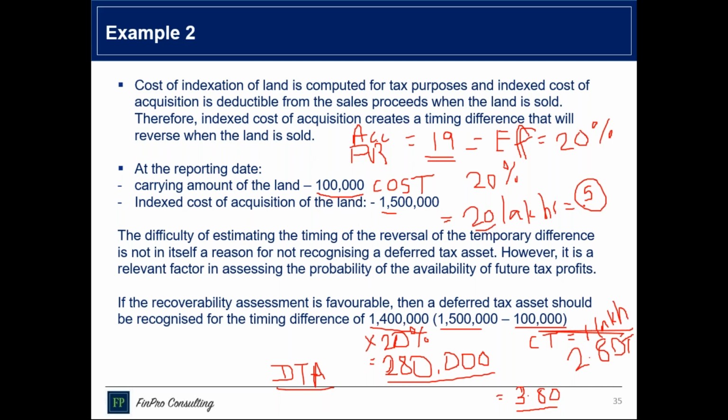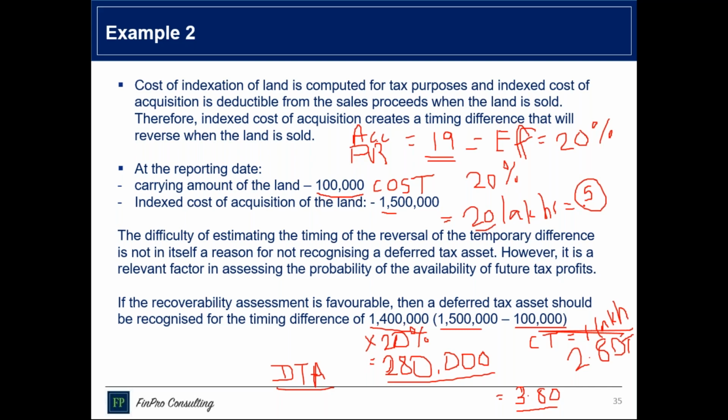Now, why most companies are not creating a deferred tax asset on such long-term capital assets is, first of all, we don't know when this timing difference will reverse in the future, because the entity may not have the intention to sell the land in the foreseeable future. And second is whether enough profits will be available in the future period to set up this deferred tax asset.